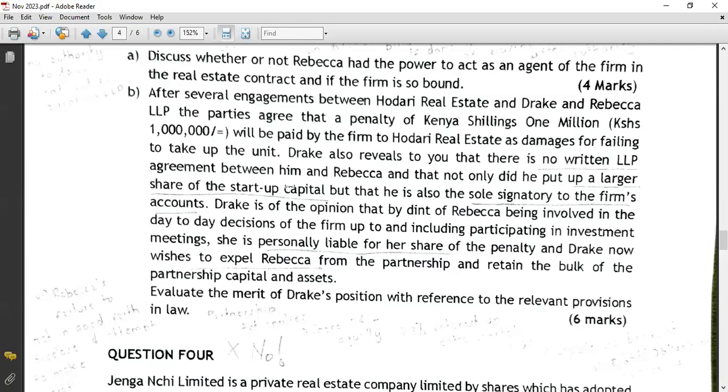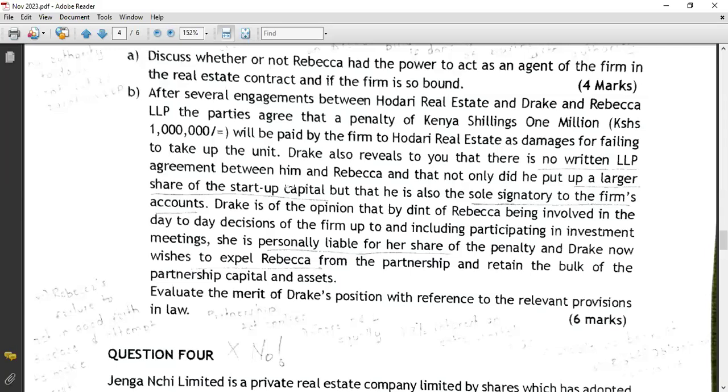So evaluate the merit of Drake's position. First thing, an LLP cannot be inferred. In my view, it cannot be inferred. It has to be in writing. It has to be registered.